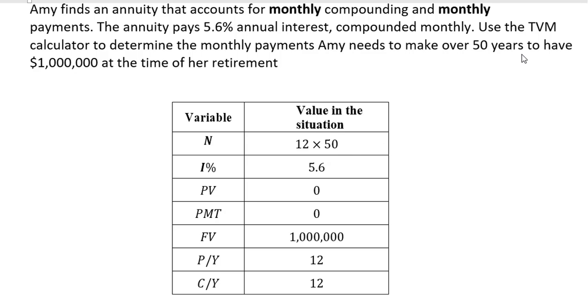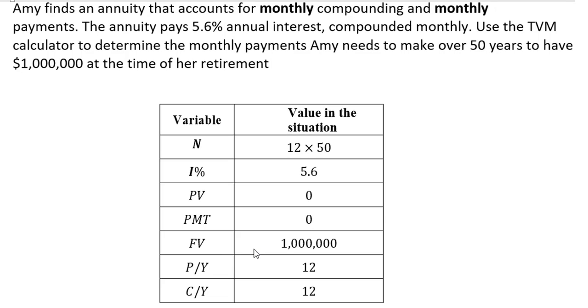For 50 years will be 12 times 50. I%, that's annual interest, will be 5.6. Present value, you will put the 0 because you don't know. Whenever you don't know the number, you will put the 0. PMT, we are looking for, so still put the 0.